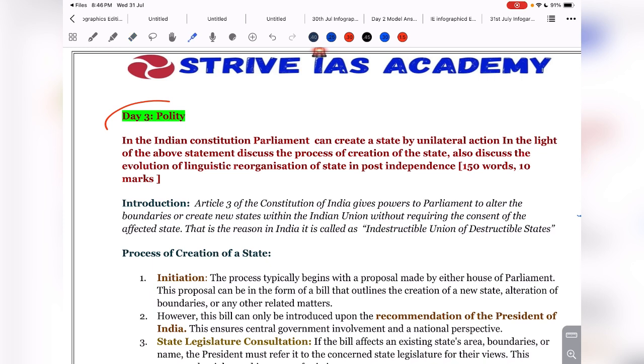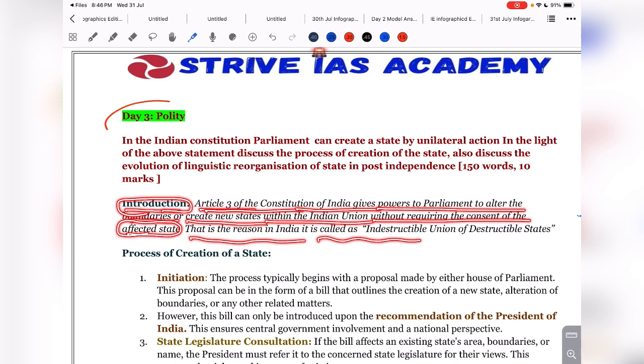In the introduction you can quote Article 3. Article 3 of the Indian Constitution gives power to Parliament to alter the boundary or create a new state within the Indian Union without requiring the consent of the affected states. That is the reason the Indian Constitution is called an indestructible union with destructible states.